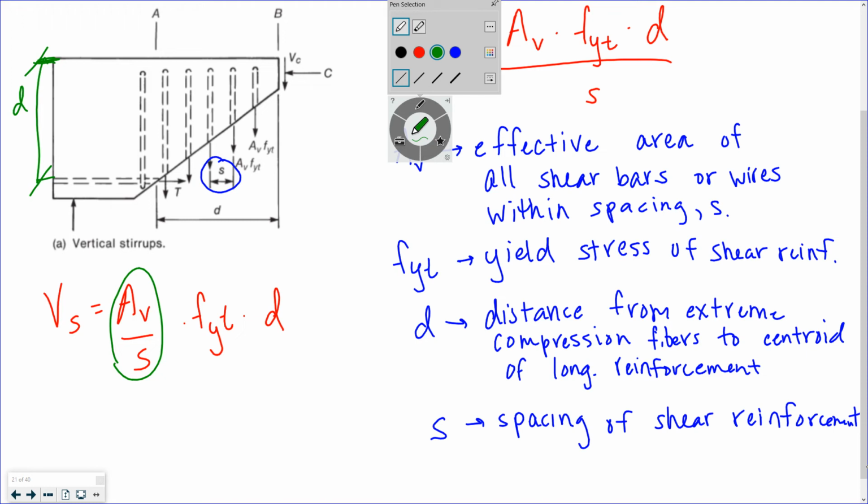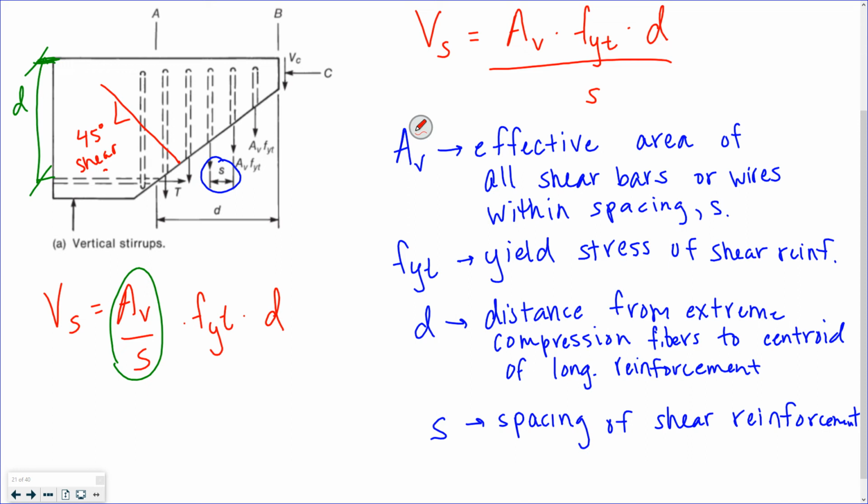And if I look at the cross section itself, let's remember what the crack looks like, right? We've got a 45-degree angle crack. And we want to know in the plane of the crack, so in and out of the page, how much shear area we have.